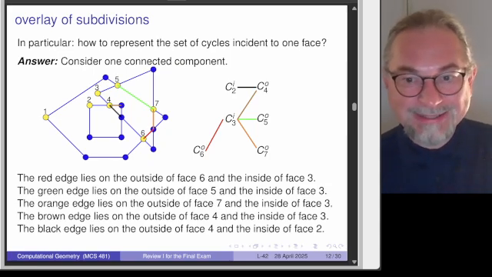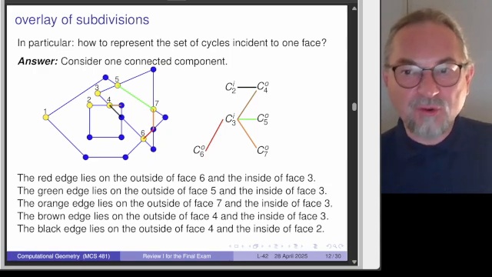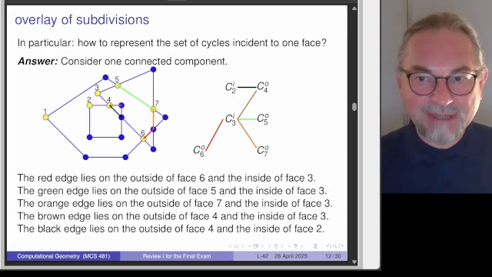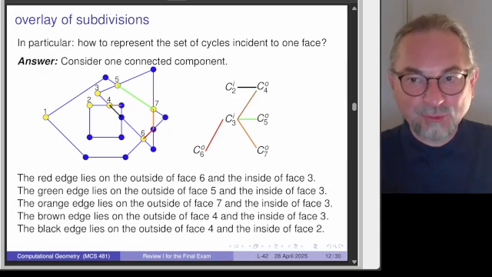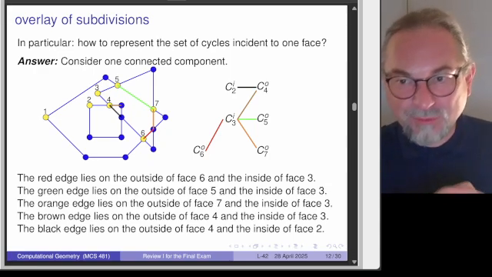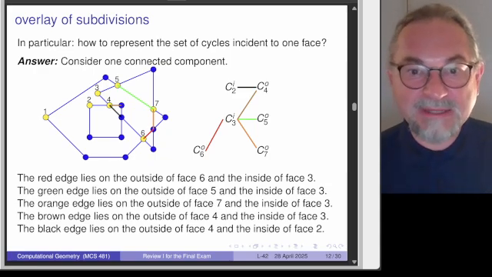And it also is in the inside boundary of face 3. So if you go clockwise around the outside of face 6 and go to the twin of that red edge, you will go in the inside of face 3.